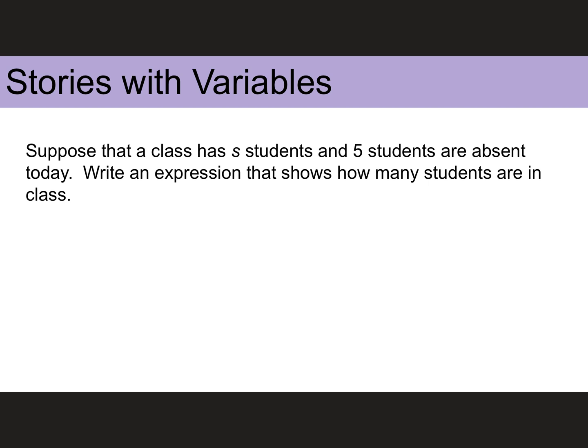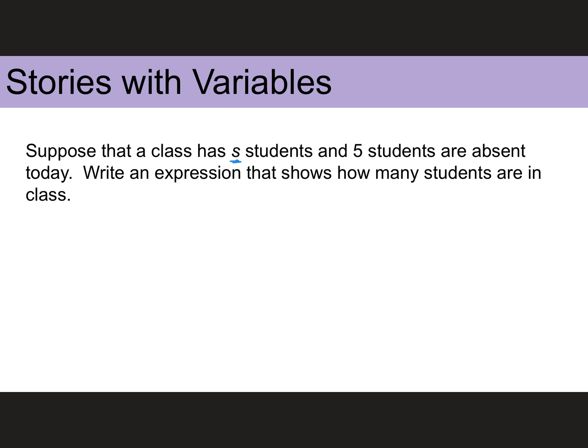So we looked at variables in the last slide, and now we're going to write just some very simple expressions from stories with variables. So suppose that a class has S students and 5 students are absent today. Write an expression that shows how many students are in class.